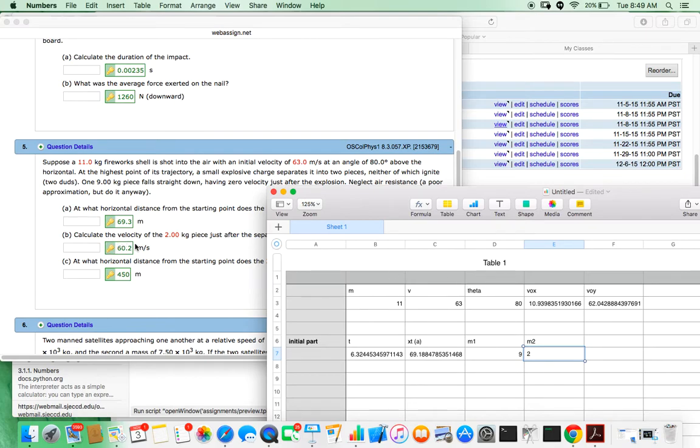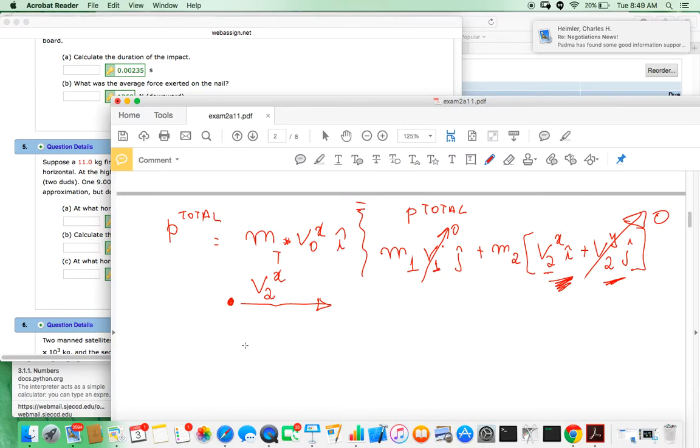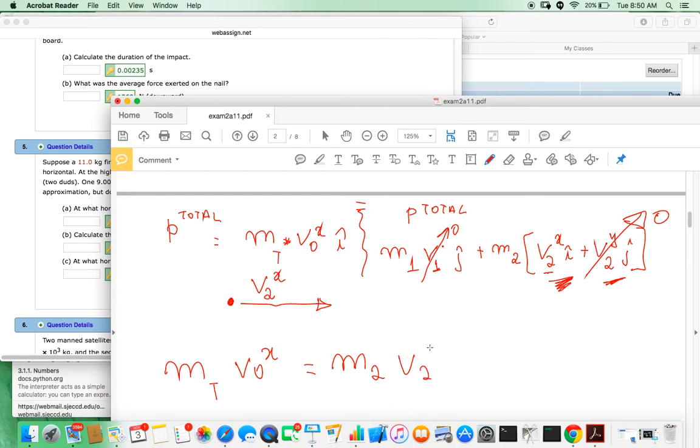What do we want to find? Calculate the velocity of this 2 kilograms piece. If you look at your equations of conservation of linear momentum, right here. Using conservation of linear momentum, total momentum before, m v0x, this is momentum before explosion, is equal to m2 v2x, so that your velocity after is going to be equal to m total divided by m2 times the initial velocity.